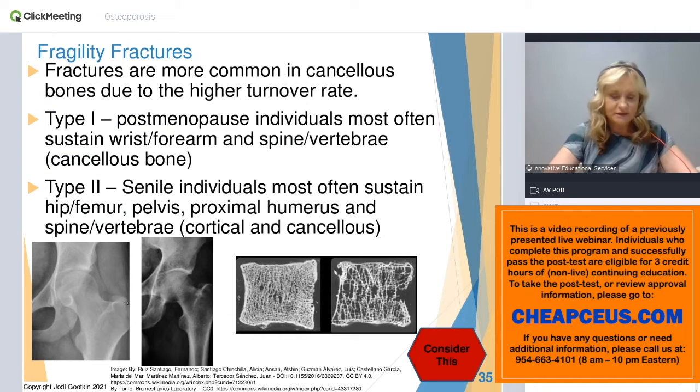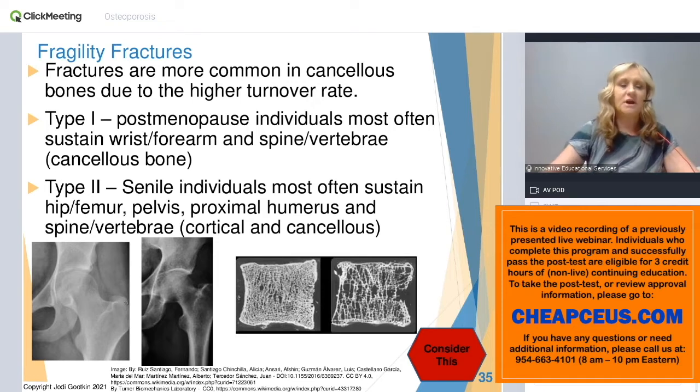As we look at the different fracture patterns and where these are occurring, the internal matrix is compromised in the bone, so it's unable to sustain the forces placed upon it. The fracture patterns tend to be a little bit different in type 1 postmenopausal versus type 2 senile osteoporosis because we talked about which components of the bone are mostly impacted.